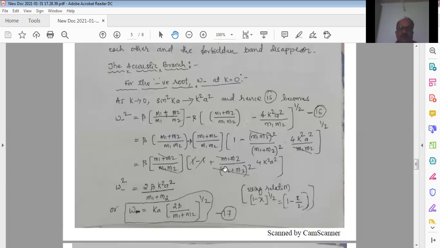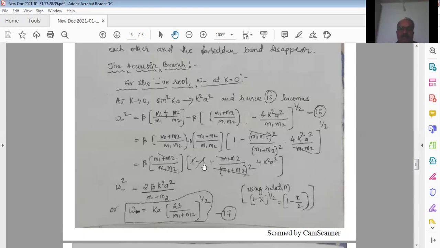So actually, to simplify this, 1 minus 4 k square a square divided by m1 plus m2 whole square, the relation (1 minus x) raised to half is equal to 1 minus x by 2 is used.